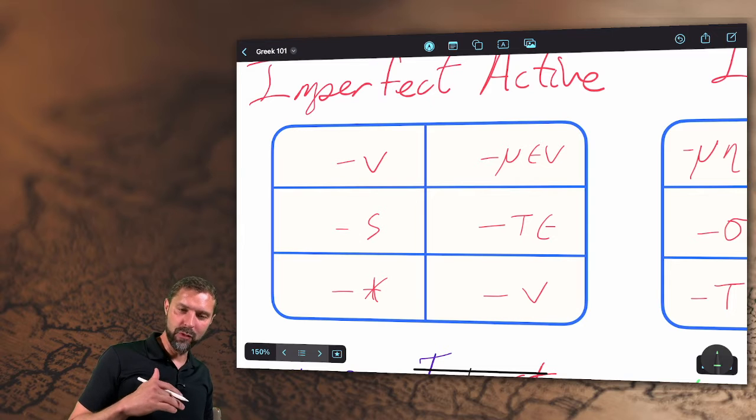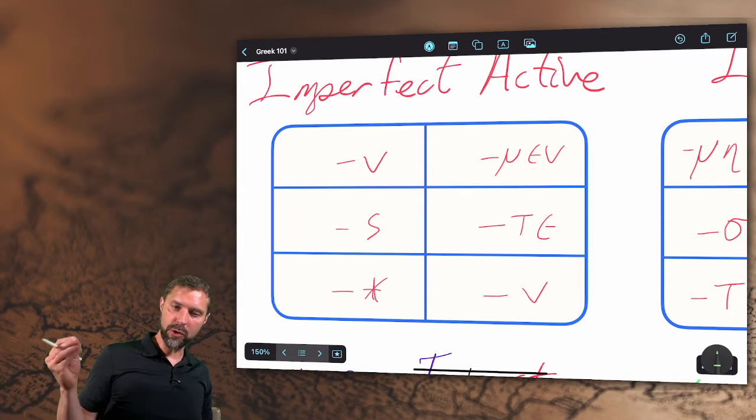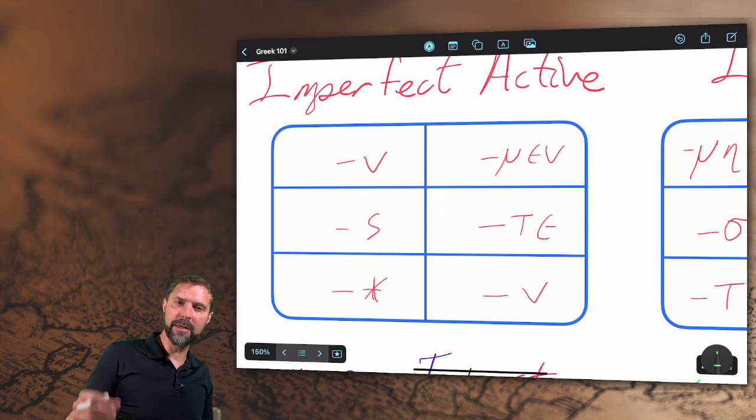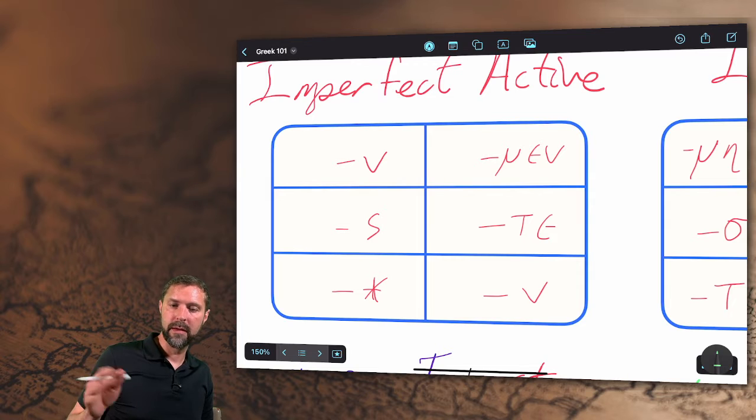And this set will be used for the rest of the tenses. So your core, fundamental charts, you actually are learning or have learned a lot of them. By the end of this lesson, you'll have learned half of the noun charts, and you'll have learned all of the verb charts. And then it's a matter of plugging them in places.